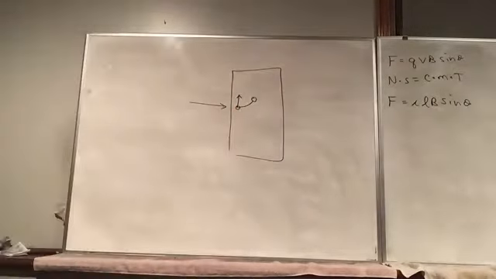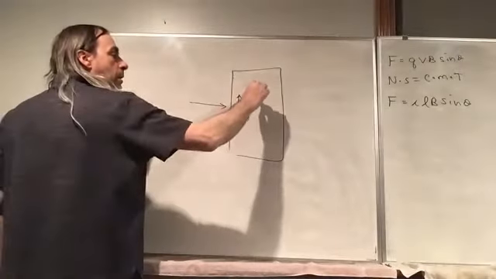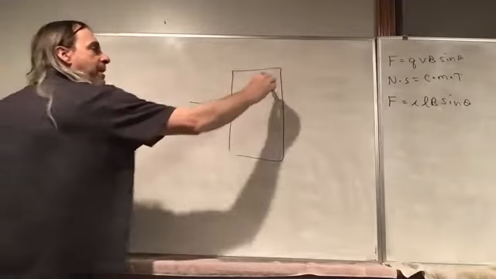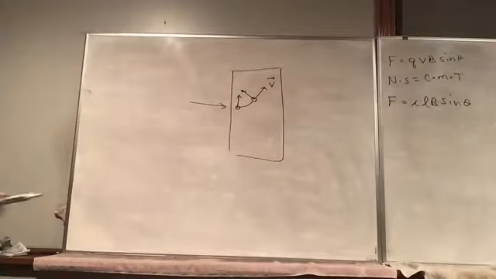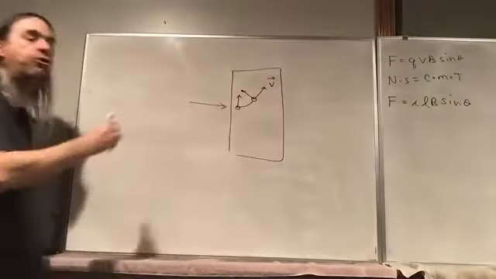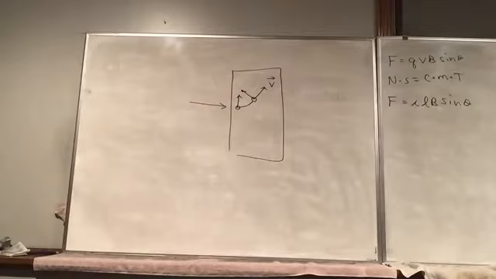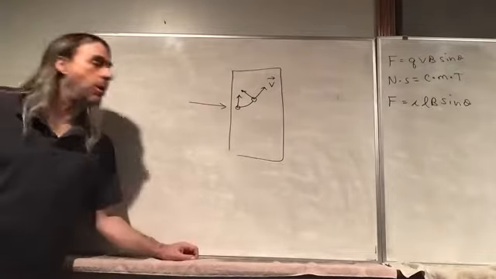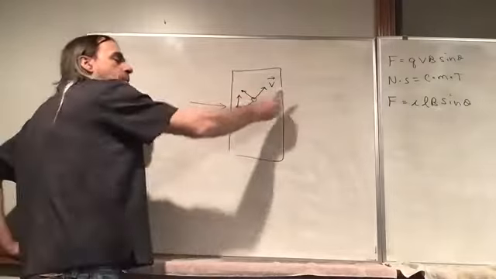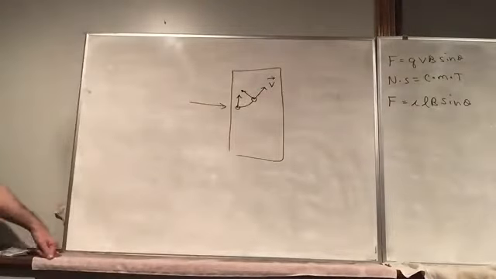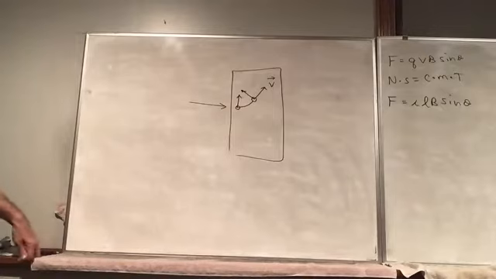And now if it's over here, the force is no longer upwards, because the force is always perpendicular to the velocity. So now the force would be in this direction. That's going to affect the motion of the path. But fortunately, this is a case that we know well from mechanics: the force is always perpendicular to the velocity, so the magnetic field does not do any work on this charge.